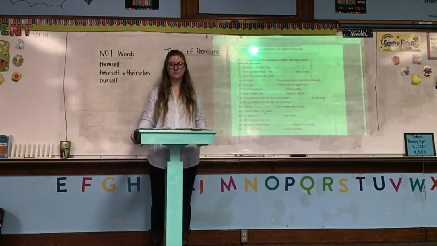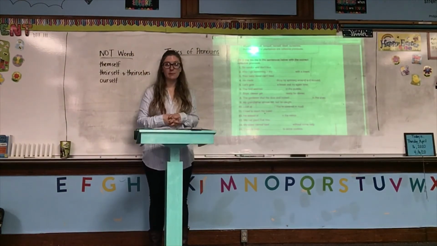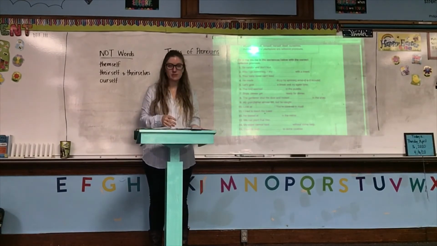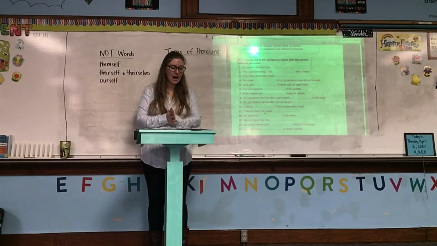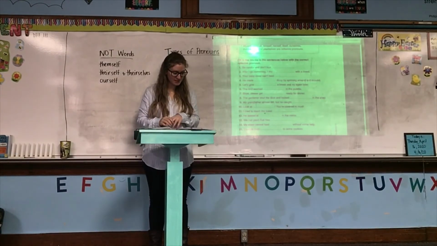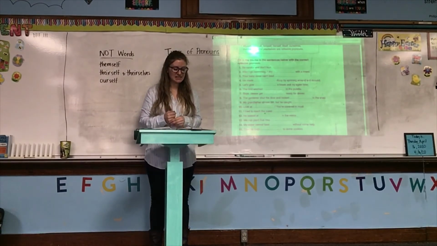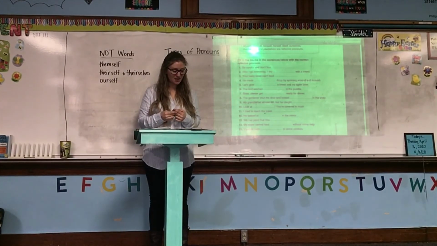Okay, so let's read the bullet points at the top. At the bottom, you should be seeing page 104. It says, use a reflexive pronoun instead of an object pronoun if the subject of the sentence is doing the action to himself or herself. So myself, yourself, himself, herself, itself, ourselves, themselves, and yourselves are reflexive pronouns.